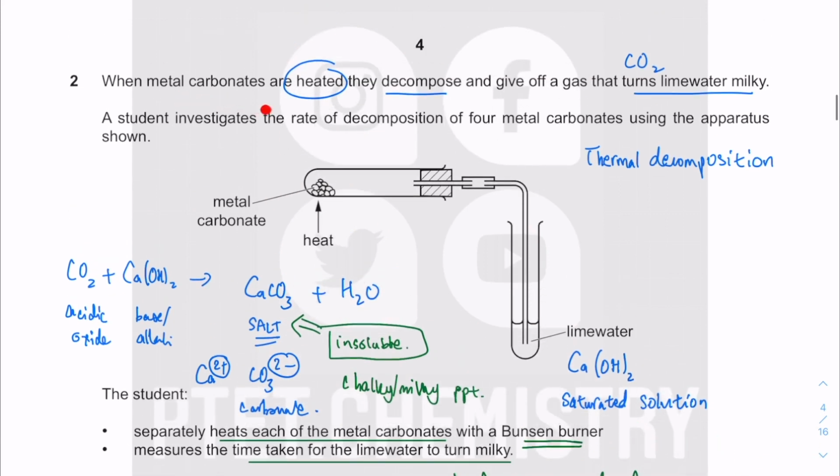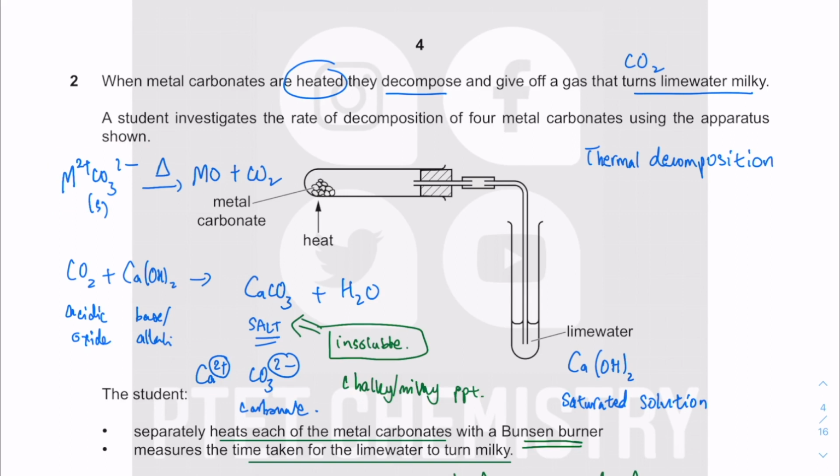Assuming that these metal carbonates that decompose will be divalent, meaning M2+ CO3 2-. So the solid decomposes under heat to give you MO and CO2, and that CO2 is the one that reacts to give you the milky precipitate. I'm assuming it's divalent, so if it's all divalent, they just give you 1 CO2, and therefore we need to ensure that we use the same mole of this as part of the control experiment.